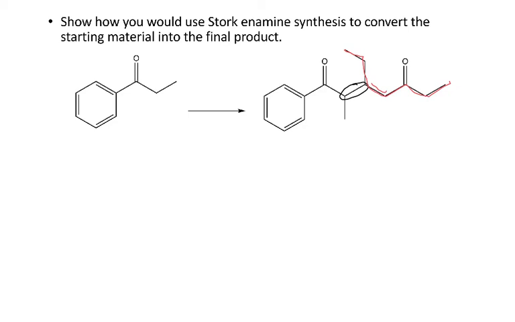So what I would need to do is react this with a secondary amine. I think the textbook often uses R instead of these methyl groups, but I'm going to be specific and use the methyl group.